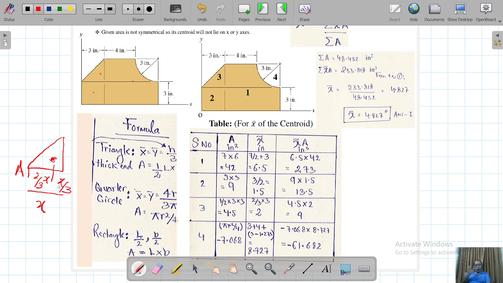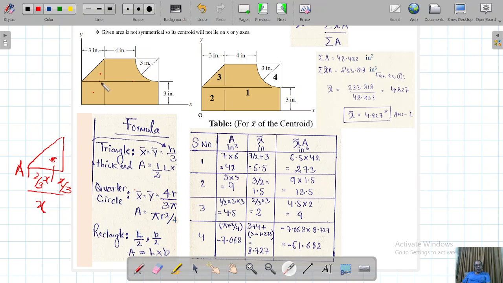I have explained to you the same logic he is trying to tell you over here, which is basically for a triangle: the centroid x bar, y bar will be equal to h by 3. If we take it along x, it will be 2h by 3, and along y it will be h by 3, because the thicker side has more area.